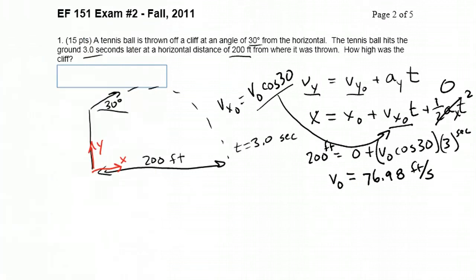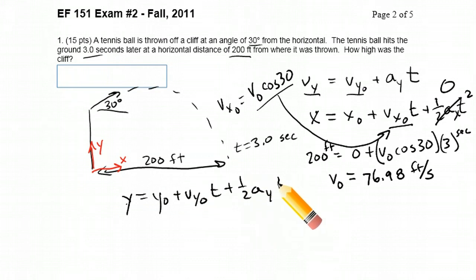Okay, so now let's go back to the y direction and find the height of the cliff. So there's our equation. We know y is what we're trying to find. We've set our coordinate system. We now know the initial velocity, and of course we know the time and the acceleration.